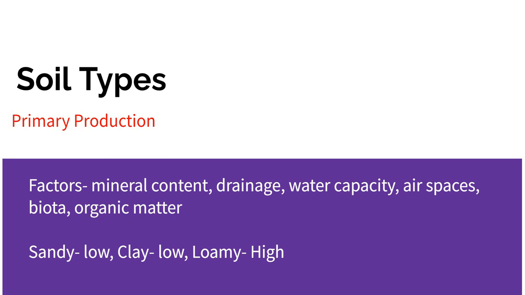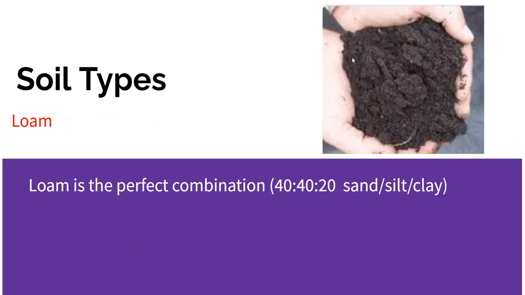They would want air to be available, and most importantly, they would want access to organic material. So, sand would probably be low, clay would probably be low, and this type of soil is what we call loam. Loam is considered to be the perfect soil, and if you even look at it right up there, it just looks good, right? Don't eat it, but it looks good.